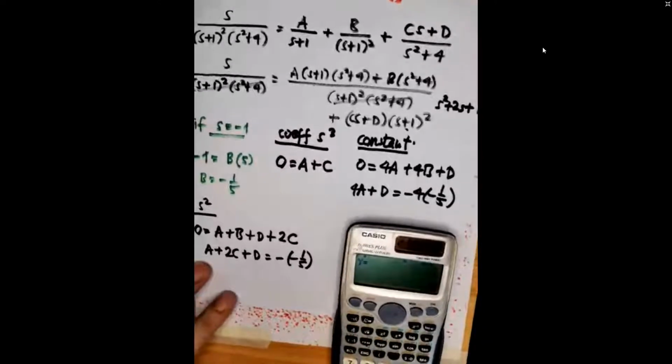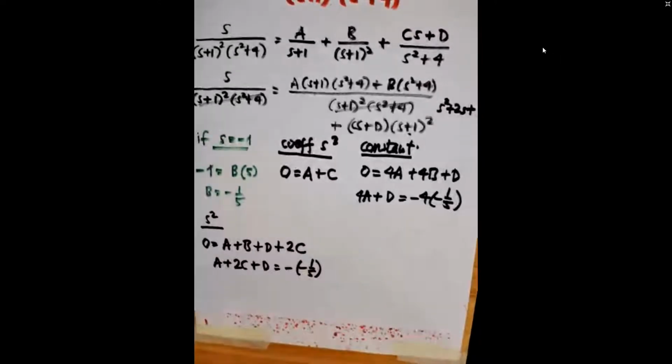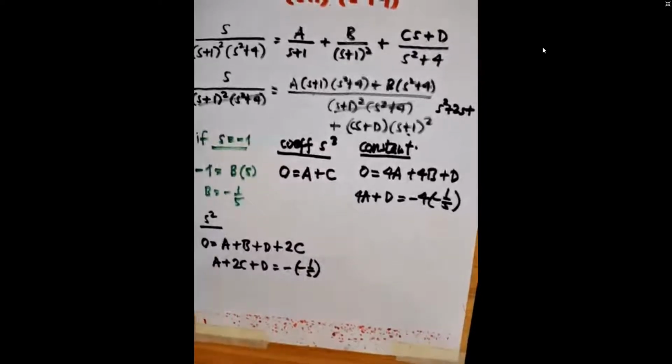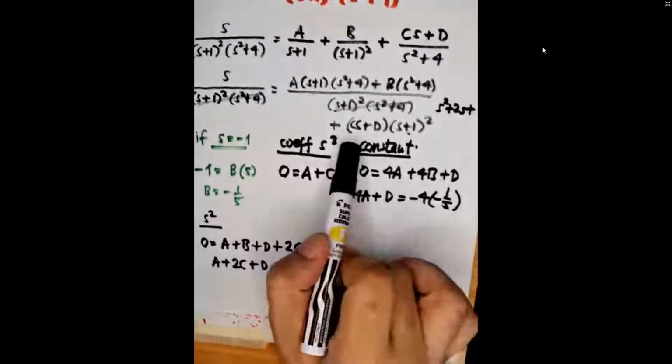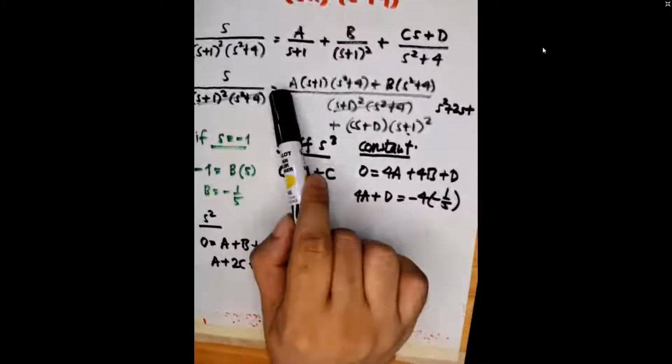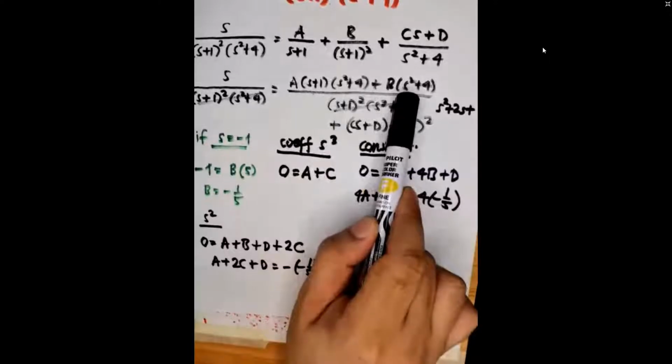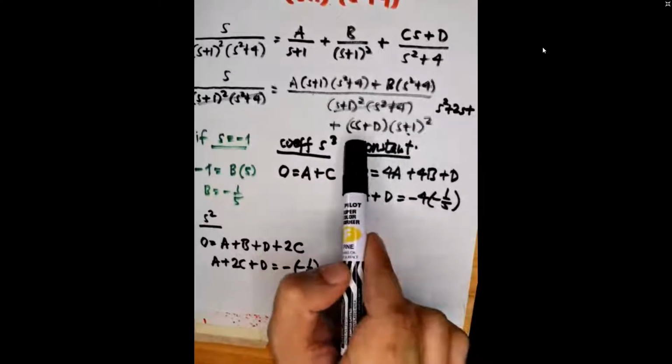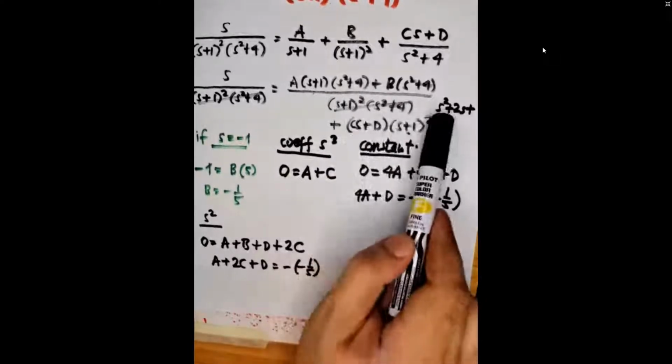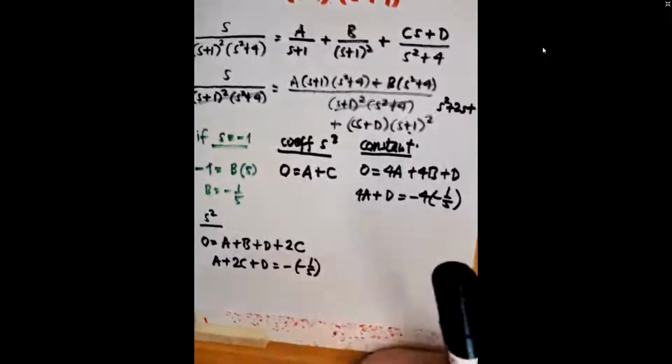Pero mali yata yung ginawa. Puro sila zero. Coefficient of s cubed, A plus C is 0.